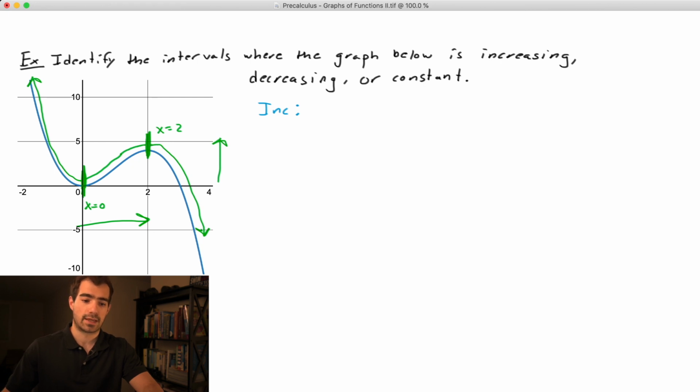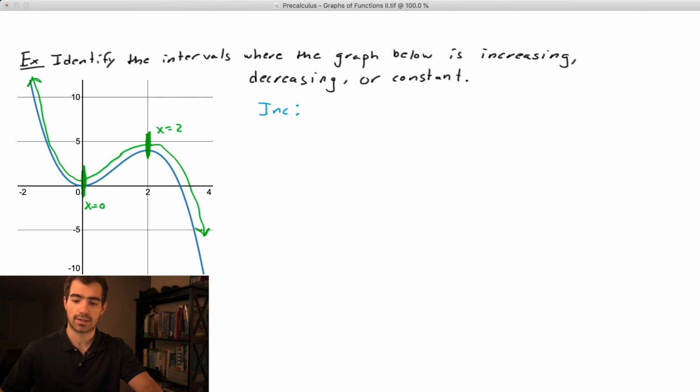If we pick an x value here and we intersect our function, and then we move over a little bit this way, maybe pick an x value here, this value is going to be higher than this value. And so during this span or on this interval, we can say that our function is increasing.